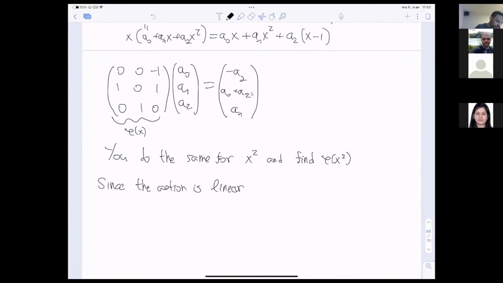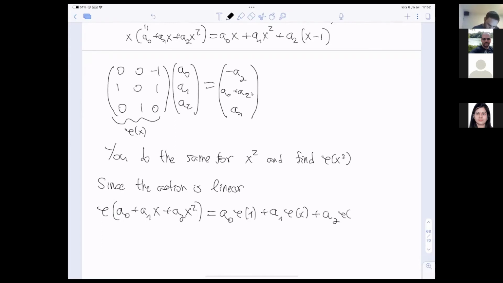I mean that the action of some combination of these basic elements, a0 plus a1x, is just the corresponding combination of the actions.